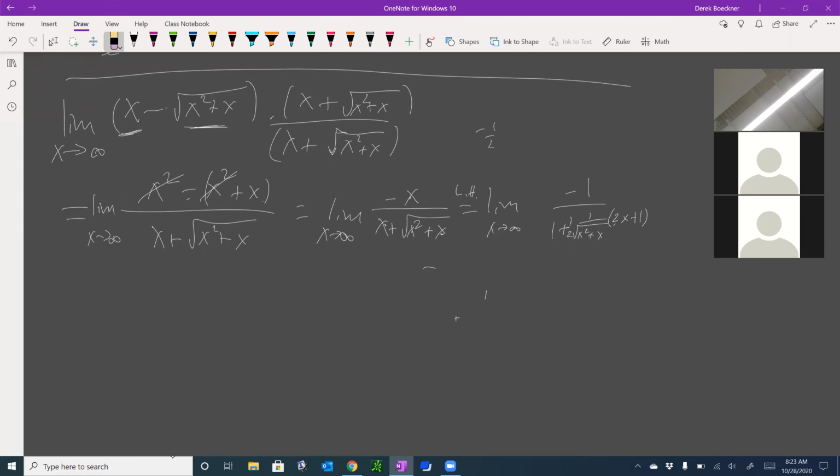Okay. So we're going to do algebra. I'm going to divide everything by x. So that becomes a -1, that becomes a +1, and this stuff becomes a 1 plus 1 over x. And now this is easy because this goes to 0. So you get -1/2.